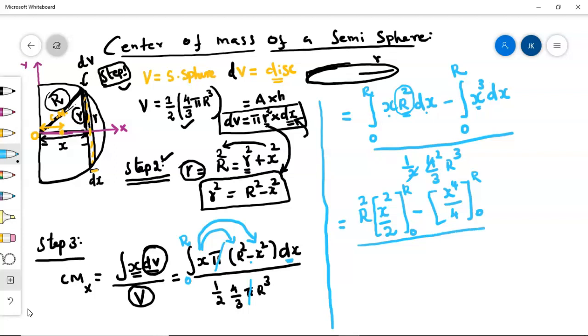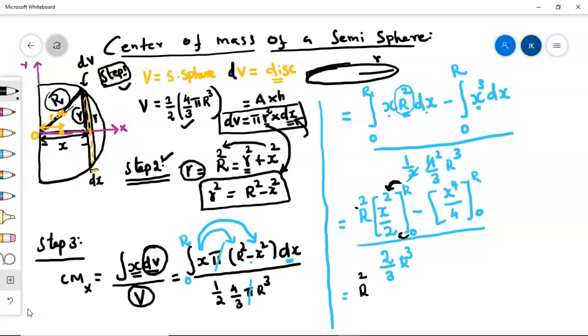Now here what is there? 2 by 3 r cube, 2 over 3 r cube. Okay, now we are applying this limit, upper limit and lower limit. First we apply the upper limit minus lower limit. Lower limit is 0, so the total factor will be 0, so no need to concentrate on 0, just concentrate on this r. So write first this r square.